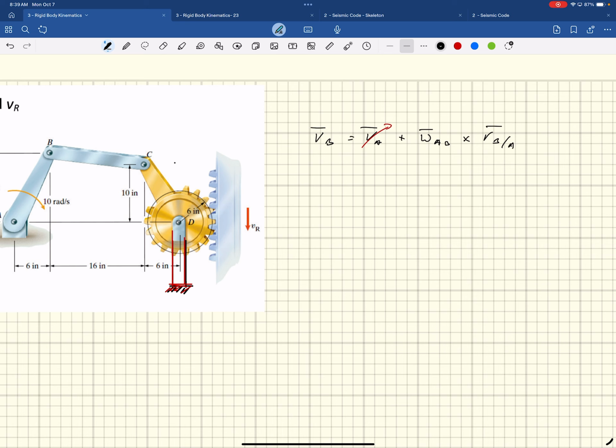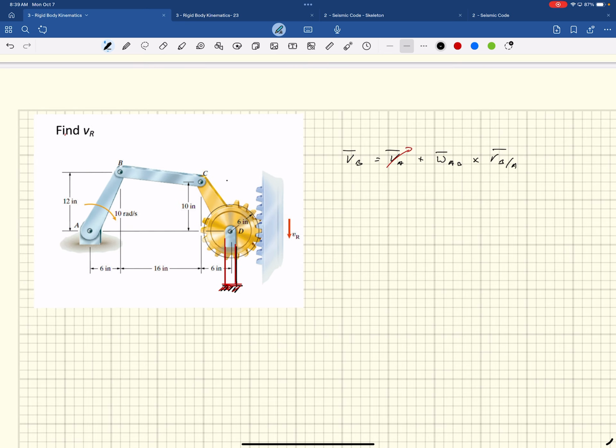They actually give us what omega AB is, right? And this time you do have to be careful about the signs, right? Rotate your fingers in the direction of omega AB, right? Thumb is pointed in, so that's a negative K direction, right? It's rotating like that, so it's a negative K. So it's a negative 10 in the K direction.